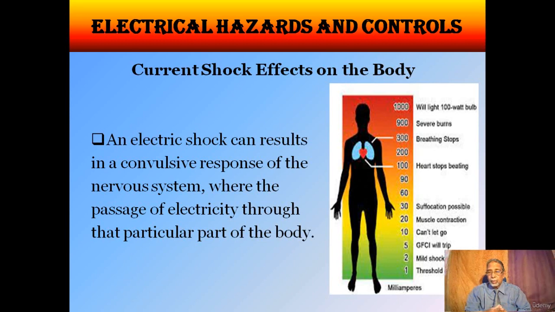When it rises up to 100 milliamperes, your heart will stop beating. If it goes to 300, your breathing will stop. At 900, you will have severe burns. At 1000, it will light up a 100-watt bulb. So these are the severities of current shocks on your body.